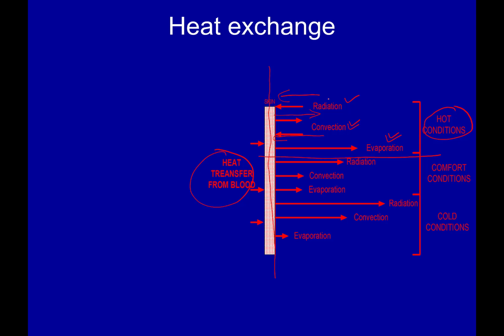So the height of these signs indicates the relative importance or relative degree of heat transfer by these modes. Say for radiation and convection, heat is being received by radiation, heat is being transferred away by the body by convection, and heat is also being received by convection.